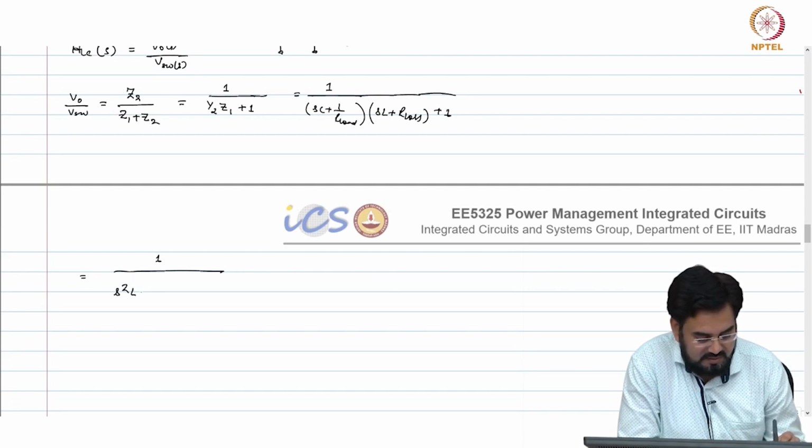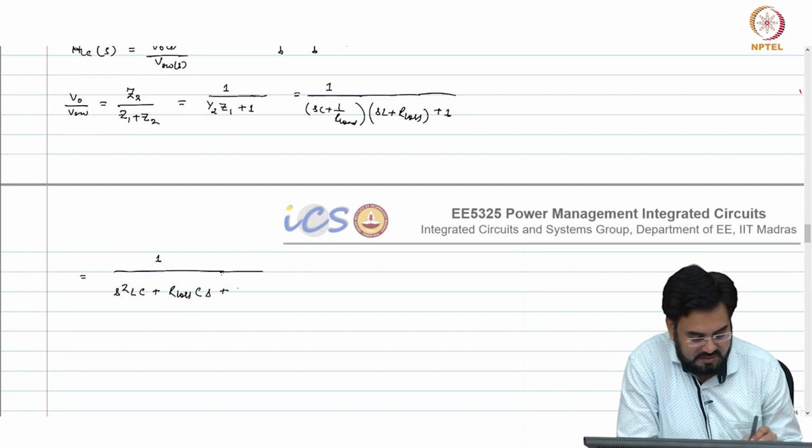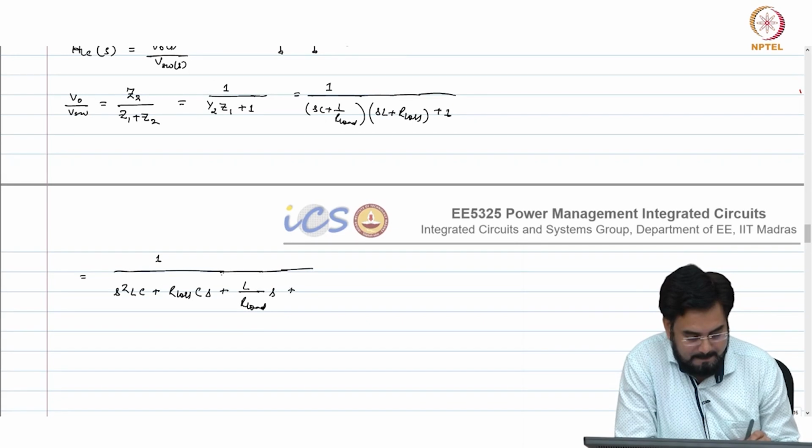S square LC plus R loss CS plus L over R load S plus R loss over R load plus 1.